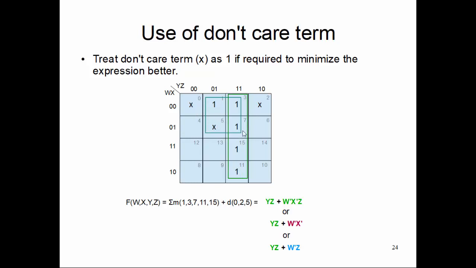For the blue group, I was treating the box for 5 as 1. In the red group, I was treating 0 and 2 as 1. My personal preference is to use X as little as possible, so I would prefer the reduced form of the blue one, because it involves fewer X's than the red one. But the point is to please use it if it helps you form a bigger group. You should not reduce to this just because you have a don't care.